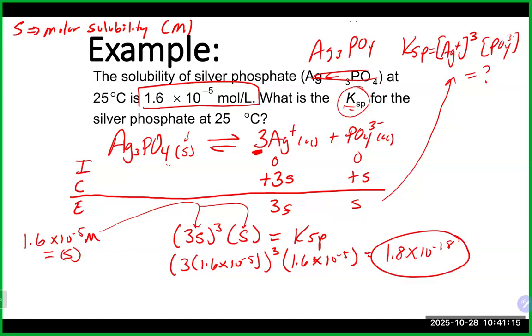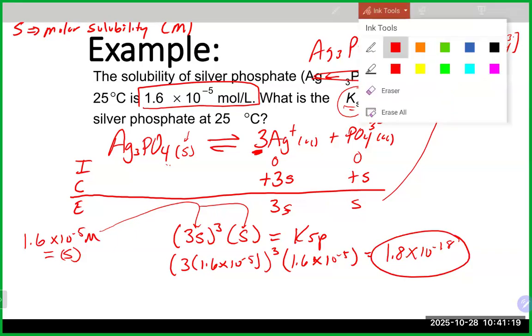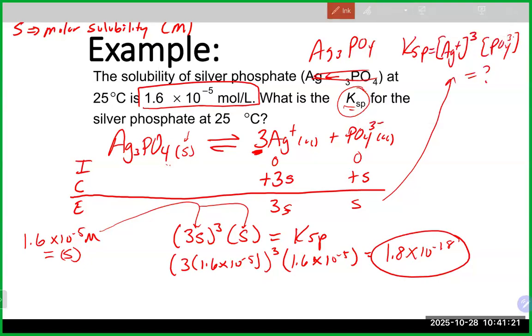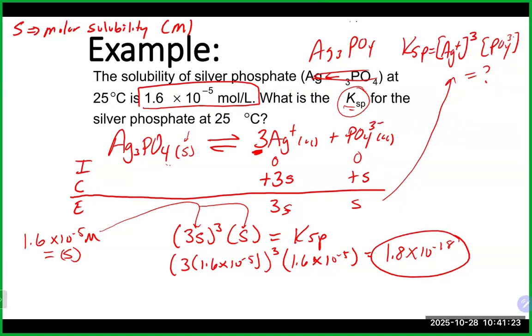First off, any questions on that? Now, why would I recommend still doing the ICE table, even though technically you might not need to on this particular problem? The reason is it is very common when people work on these problems, in their head they go, oh, I put a 3 here, I don't need to put a 3 here, or I put a 3 here, I probably don't need to do the 3 there.